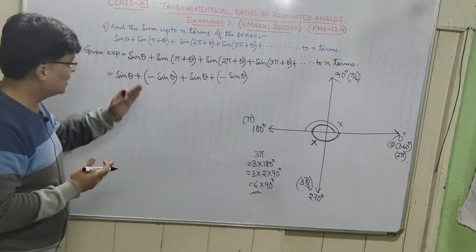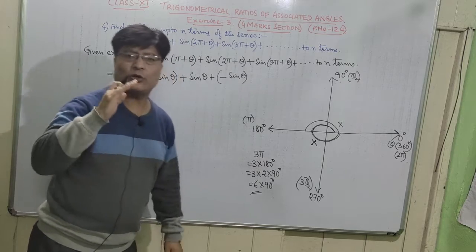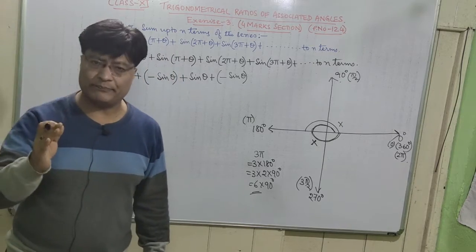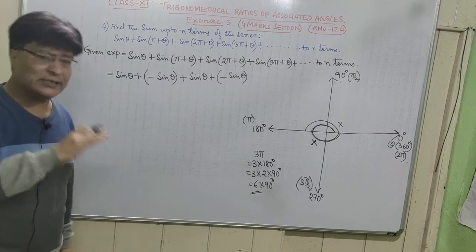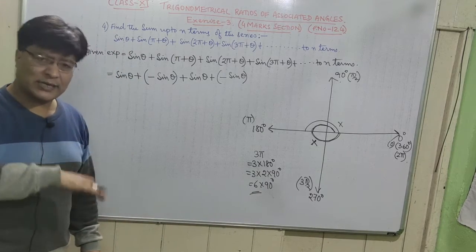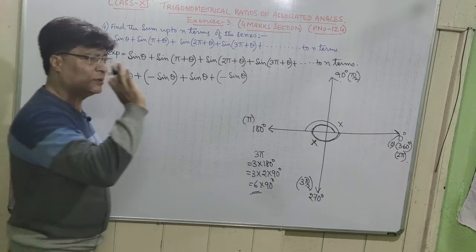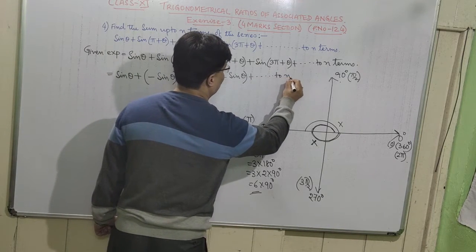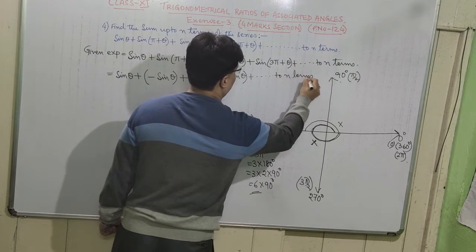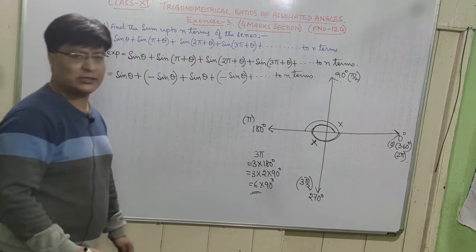So in this way, in this series, you can get alternate positive negative sign. Plus sine theta, minus sine theta, plus sine theta, minus sine theta, and so on. Okay, it goes up to how many terms? To n terms. So I think you have understood it.